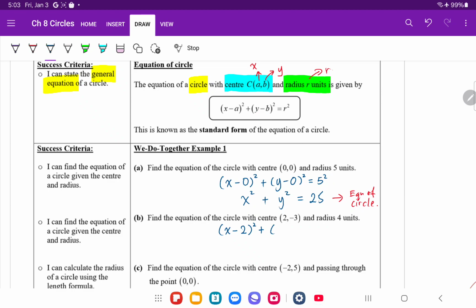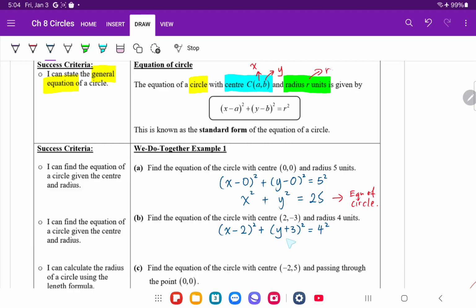I repeat, y minus minus 3. Now if you have learned your Sec 1 algebra well, you should know that it is y plus 3. Close the bracket, squared, equals 4 squared.